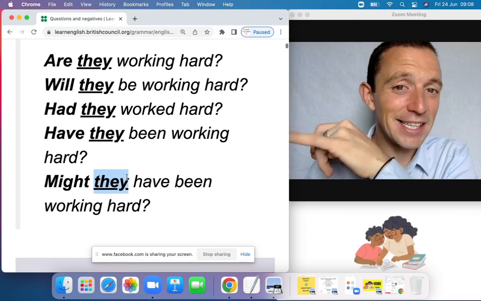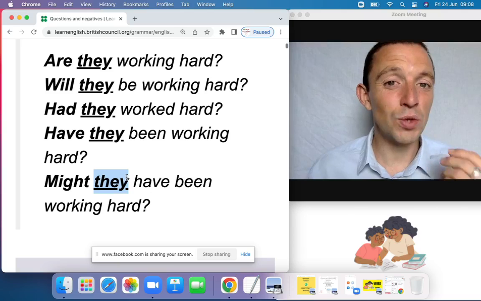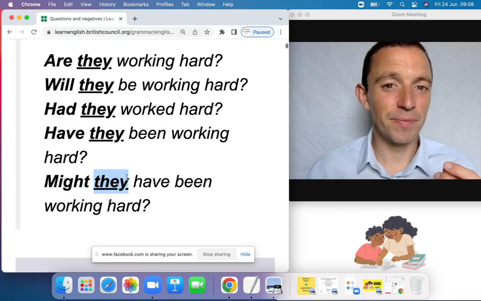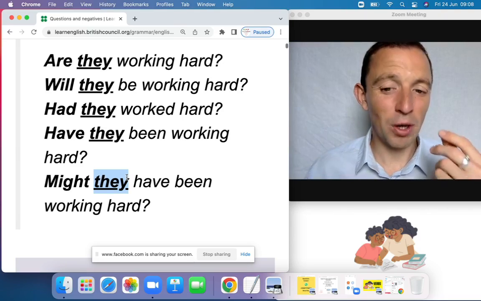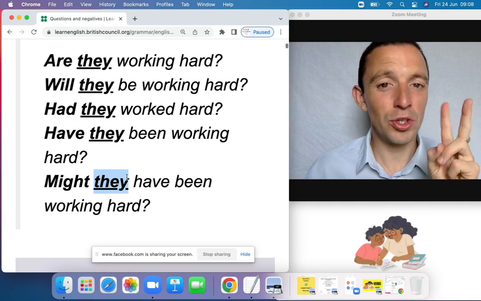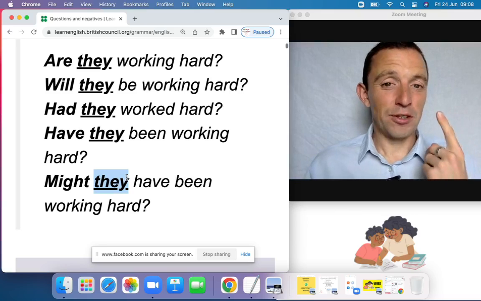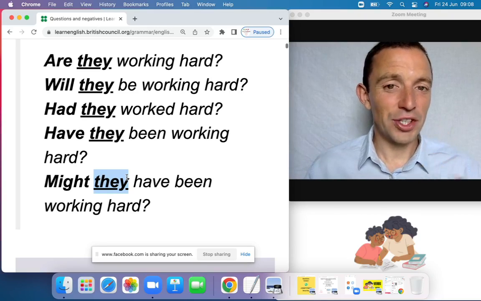And this is now a yes answer or a no answer. So again, this is the rule to create a question. More specifically, the question is a yes or a no question with only one or two answers, yes or no. And that's the first way to create a question.